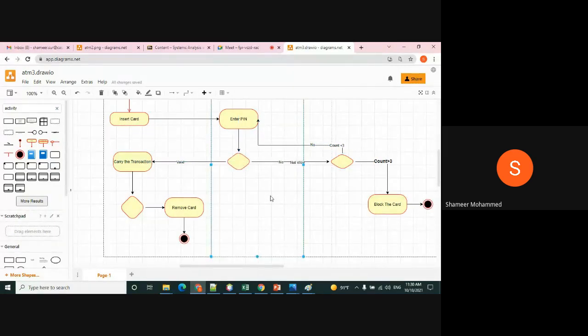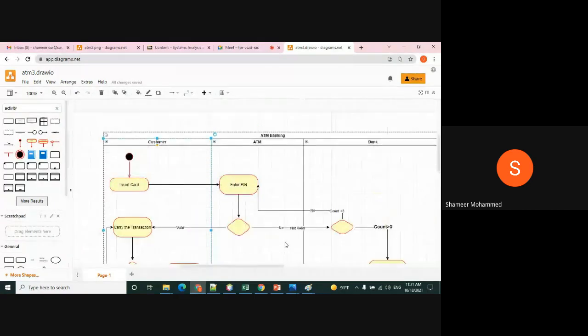Okay. So if you want to continue the transaction, then you can continue here. Arrow mark. So like this. Khalid, see the arrows and all, everything is coming here.